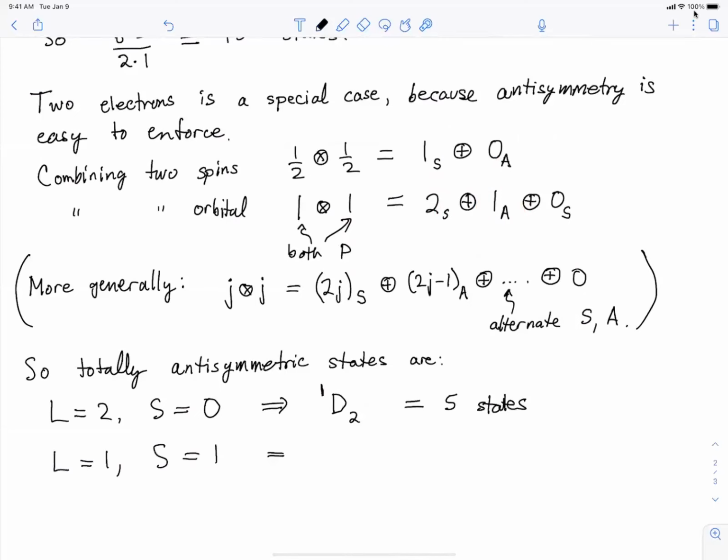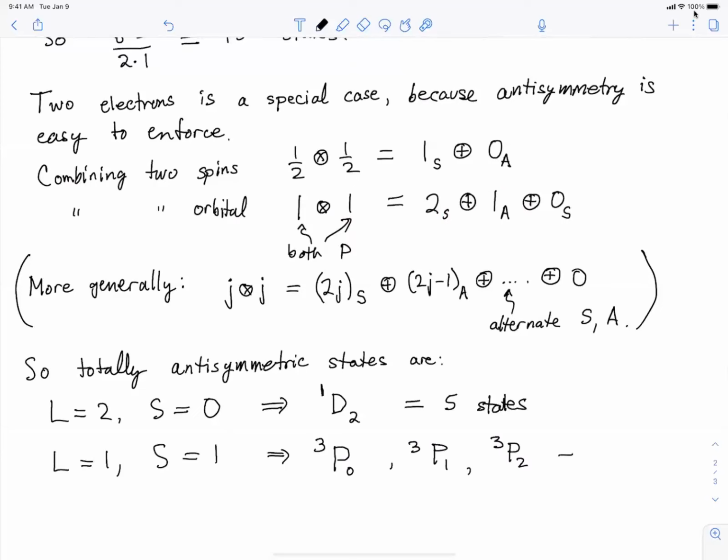And so the spectroscopic term notation, 2S plus 1 is 3. The L is the orbital, that's a P. But now when we add L equals 1 and S equals 1 to get J, J can be 0, 1, or 2. So this can be 3P0, it can be 3P1, and it can be 3P2.